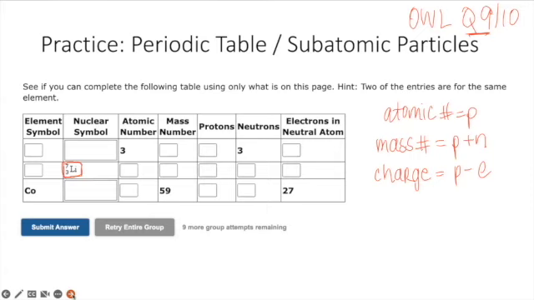Okay. So, element that has an atomic number of 3. If I go to the periodic table and look for the element with the atomic number of 3, which also happens to always equal the number of protons, I can go ahead and fill in 3 here. It happens to be lithium, Li. And so they gave me the number of neutrons.